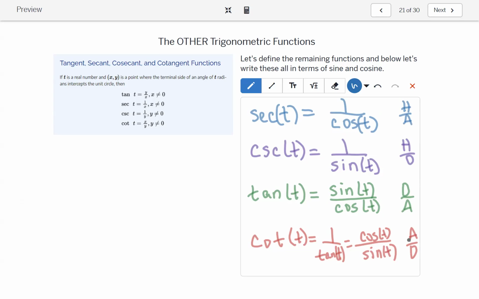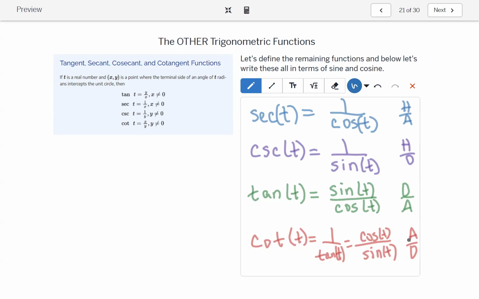So we're going to have practice with this in a second, but I just want to look at some of the tricky parts here. Sine, cosine, and tangent are our main 3 trig functions, the way trig is taught now. And then secant, cosecant, and cotangent are reciprocals of those main 3 trig functions.